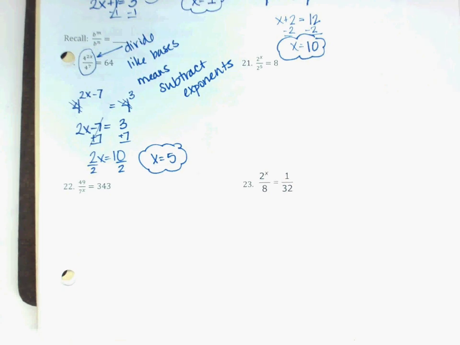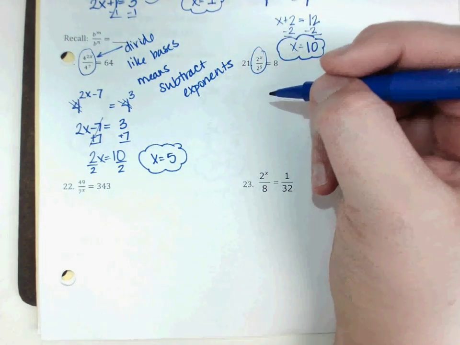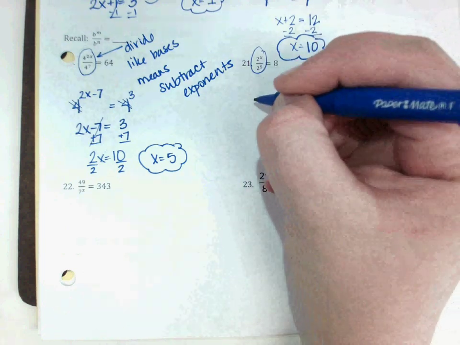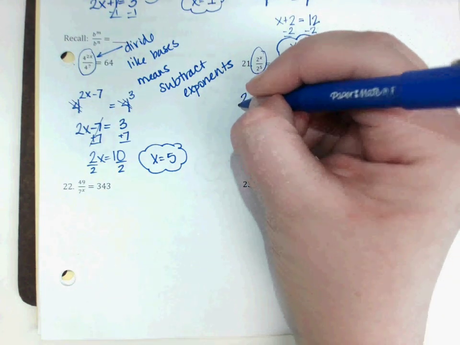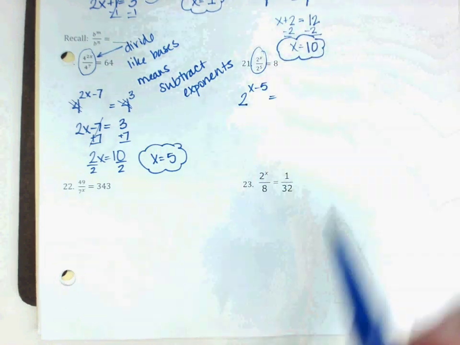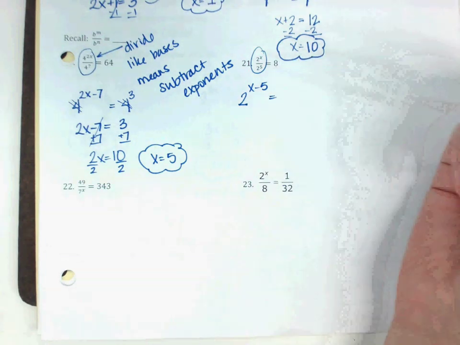Okay, next one. Take a look at it. I have 2 to the x divided by 2 to the 5. How do I combine that? 2 to the x divided by 2 to the 5. What would that be? That's minus 5. Yep. Very good. You just take the top one and then you minus the bottom one. Okay? Then 8, convert that to a 2.